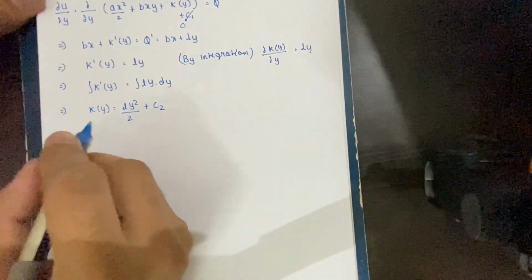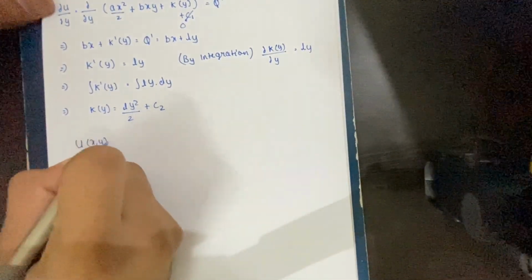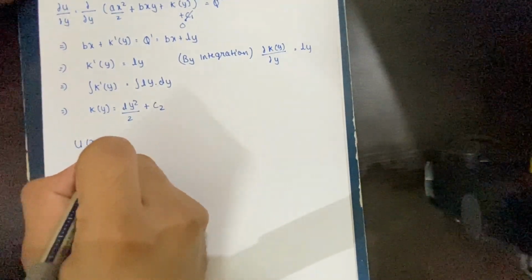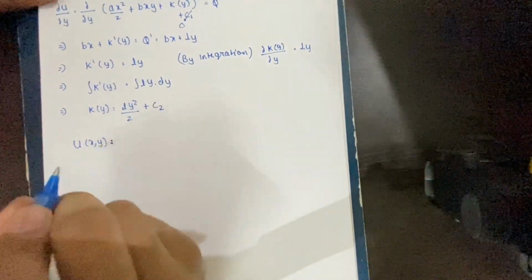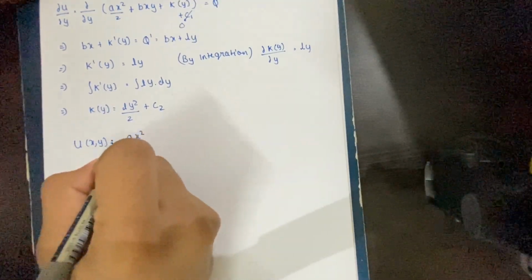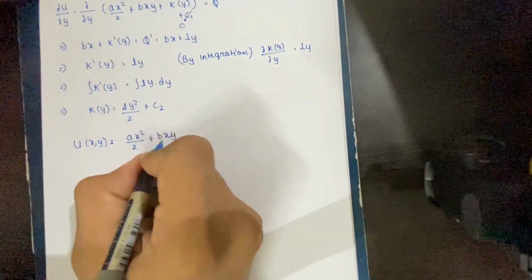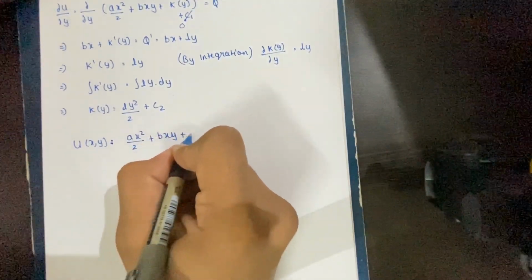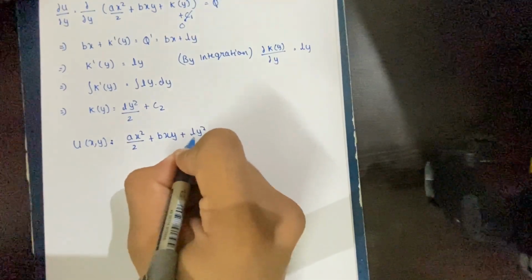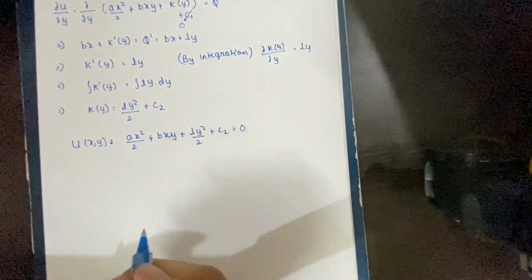So now we have u(x, y), the solution of the exact differential equation, as ax square by 2 plus bxy plus ly square by 2 plus c2 equals 0.